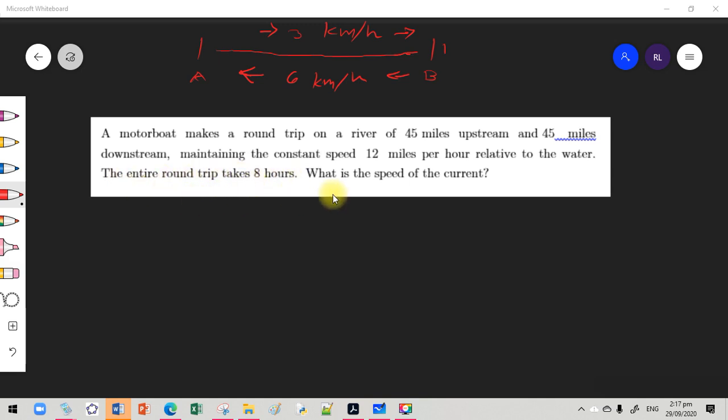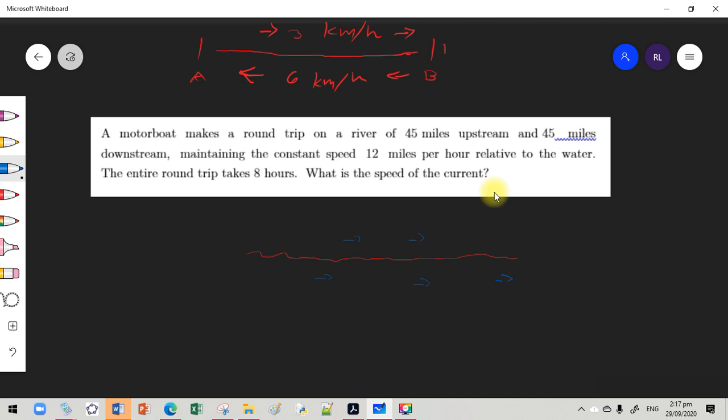So what is the speed of the current, the current of the water? Here's the explanation to this according to physics. Suppose the current of the water is going in this direction, and I'll make some arrows there.